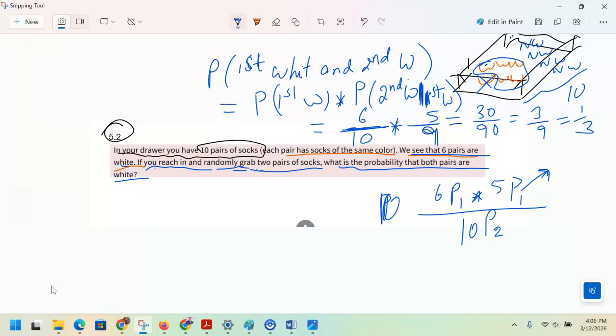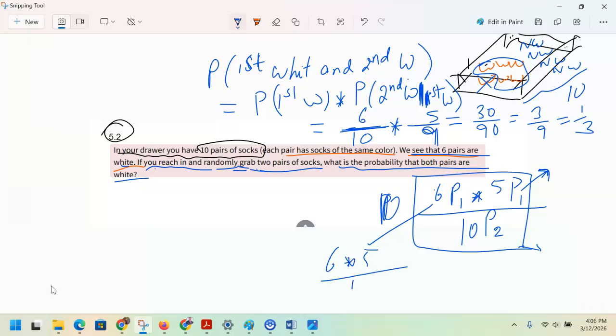Because the order does matter, the top part will be 6 times 5, and the bottom will be 10 times 9. It's almost the same thing, and you get the same answer. So the first one is picking one out of 6 white, and then you have 5 remaining, and you pick another one out of 5.